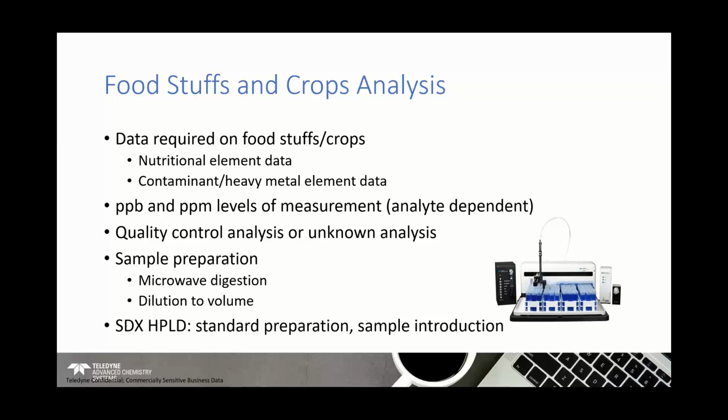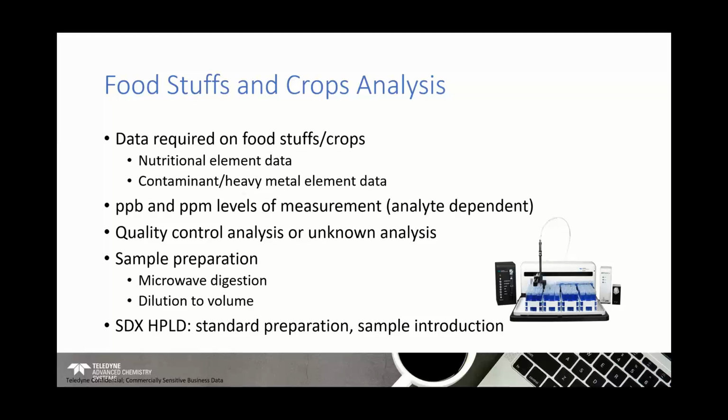So starting with foodstuffs and crops, we require data, certainly elemental data, on foodstuffs and crops from essentially two points of view. So you might be interested in elemental composition of foodstuffs, etc., on a nutritional basis. So you might be interested in analytes such as selenium or copper, zinc, that kind of element, whereby there might be a quality requirement for certain nutritional composition.